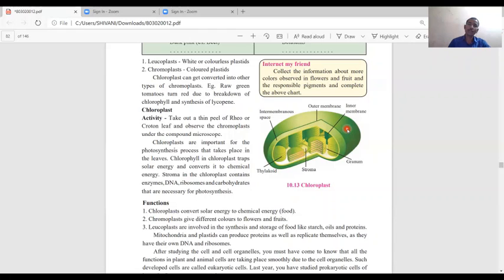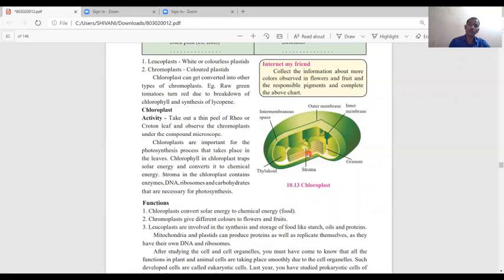Chloroplast is an important part of leaves because the photosynthesis process totally depends on chloroplast. Chlorophyll present in the chloroplast traps solar energy and converts it into chemical energy.